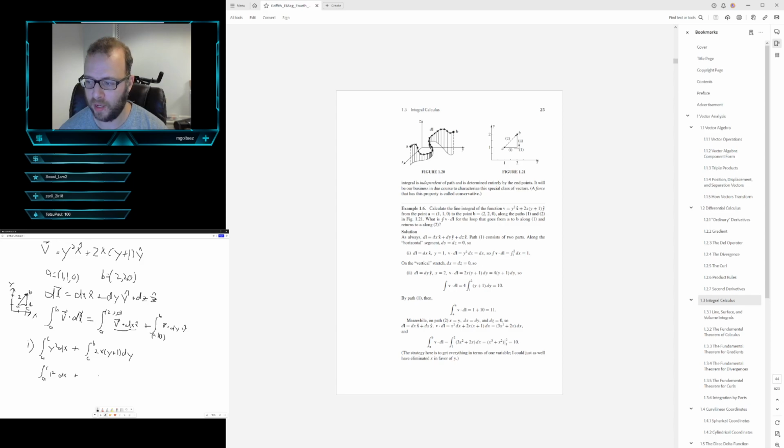And then we have the next one, which is the integral of C to B, where x is equal to 2. So we have 4 times y plus 1 dy.